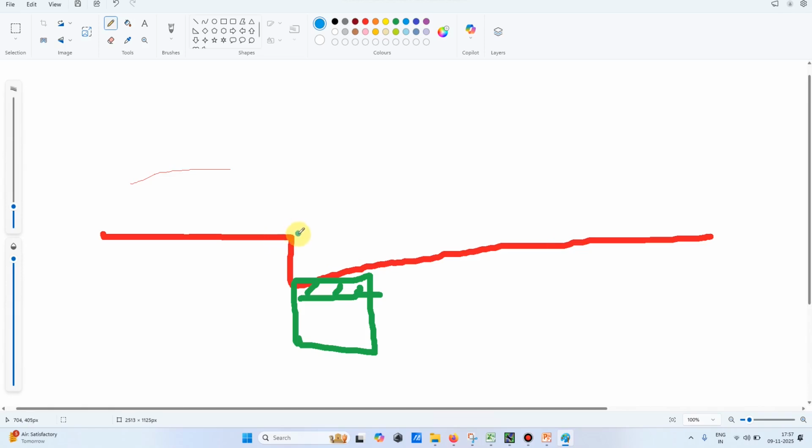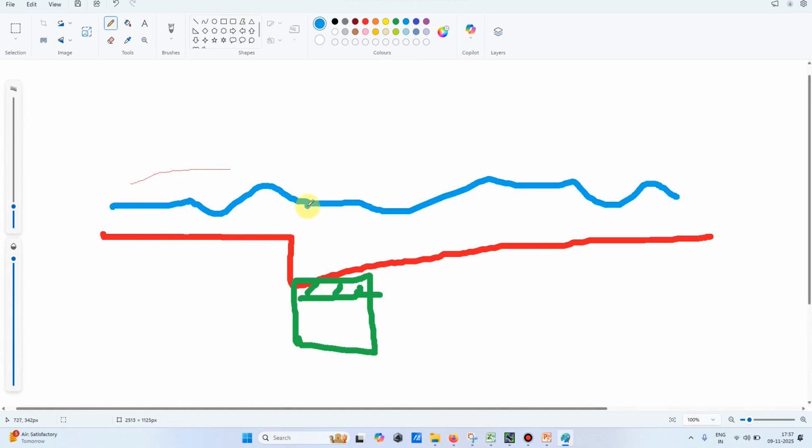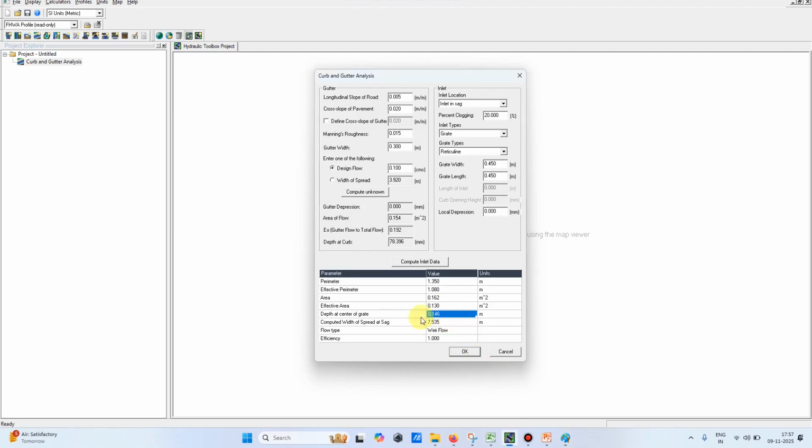Even if I assume 10 centimeters, it may flood this, right? So it will flood in this case. It is around 0.145 meter, or 14 centimeters. You can see this one is 0.146.